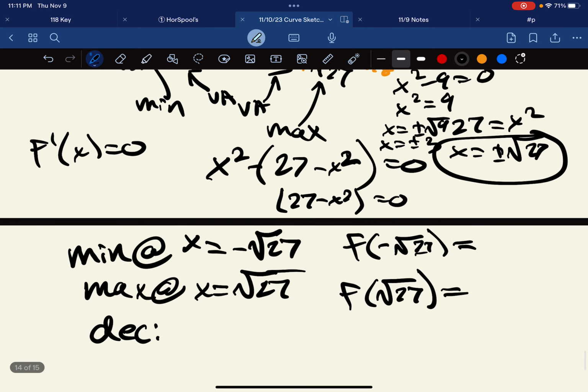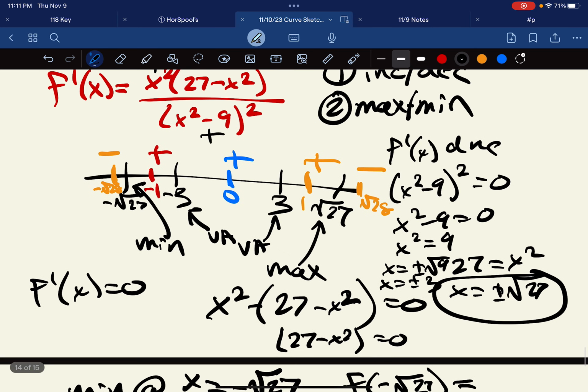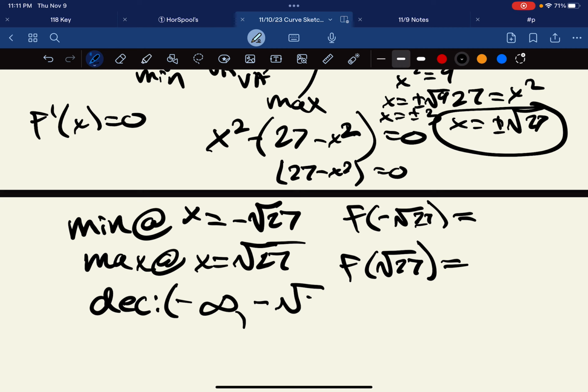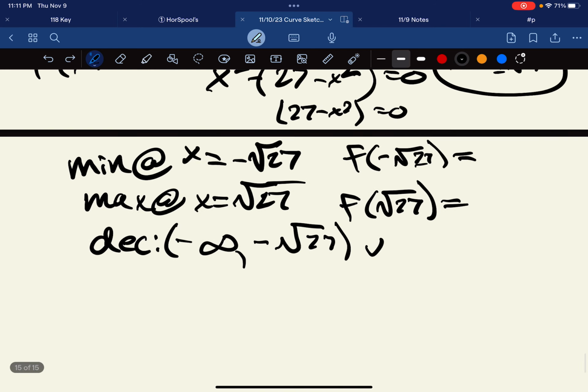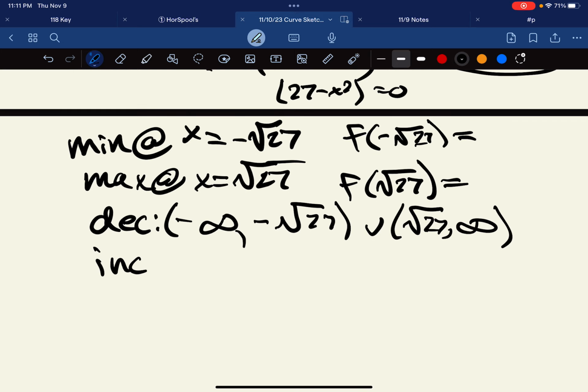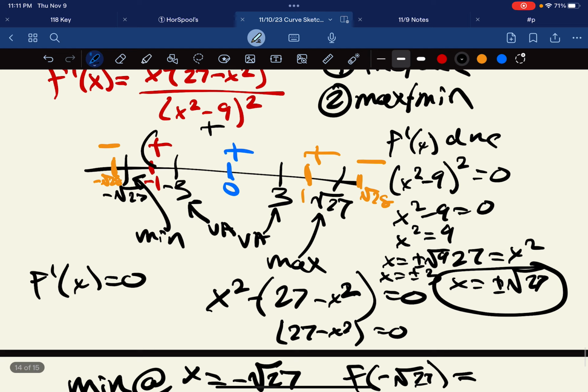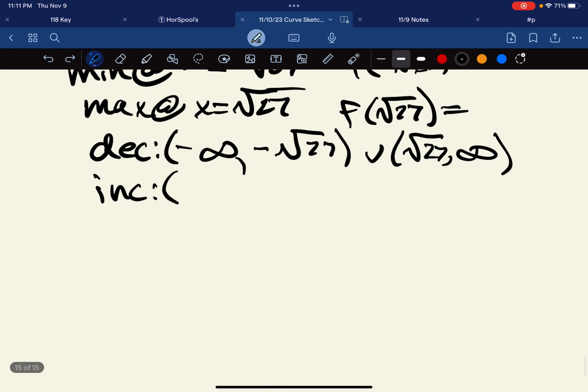So let's start with decreasing. Since we're on this interval from negative infinity to negative root 27, we're decreasing, and then we are also decreasing from square root 27 all the way up to infinity. Now we are increasing from negative square root 27 to negative 3.